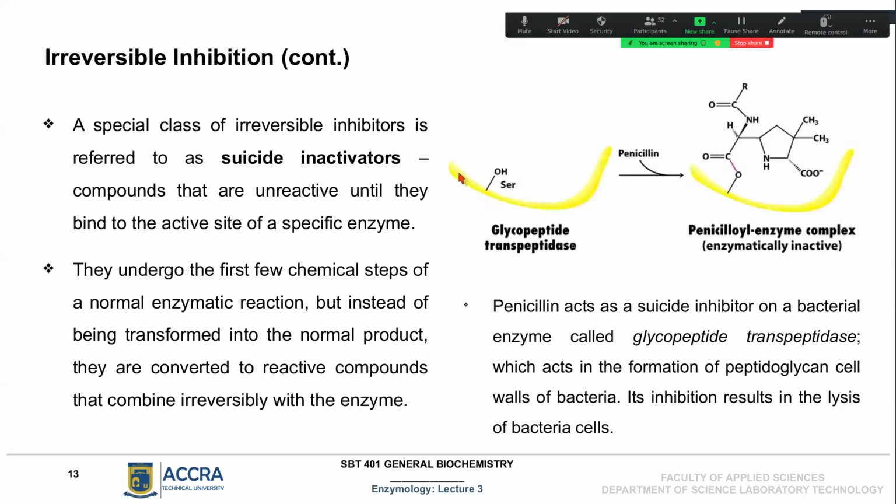Now, glycopeptide transpeptidase is what is depicted in this curve, like yellow. This is glycopeptide transpeptidase. It's an enzyme, and that enzyme has a serine residue in its active center. Remember, chymotrypsin also had a serine residue.